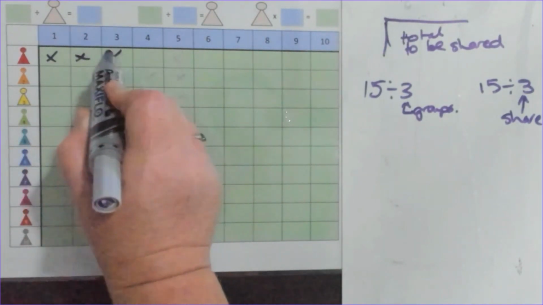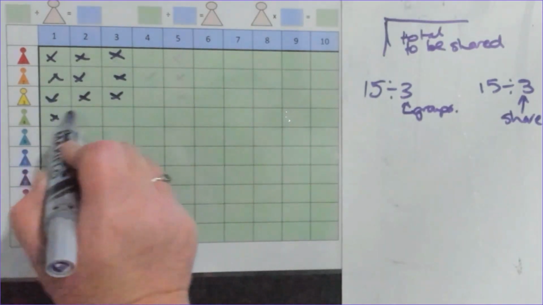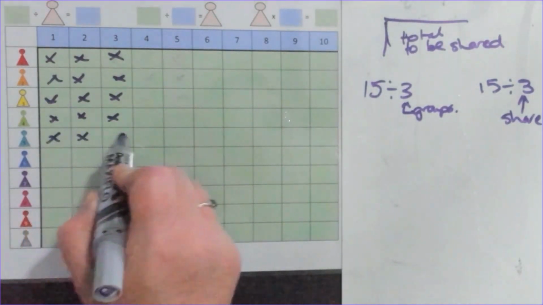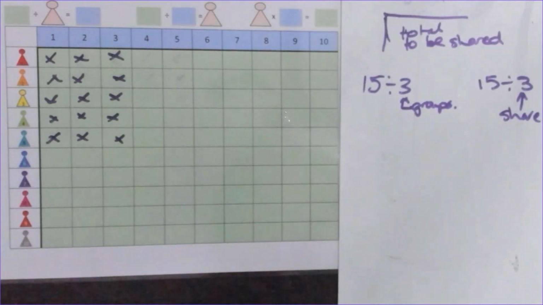So person 1, person 2, person 3, person 4, and person 5. So again, 3, 6, 9, 12, 15. So it doesn't matter which way you're going to go, you can start to see that array structure of 3 5s or 5 3s are 15.